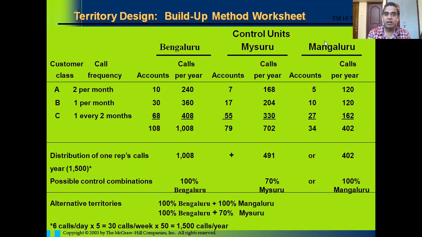The numbers will not correspond equally or proportionately to the actual potential of each territory. I am repeating again, it is just for example so that you can understand.